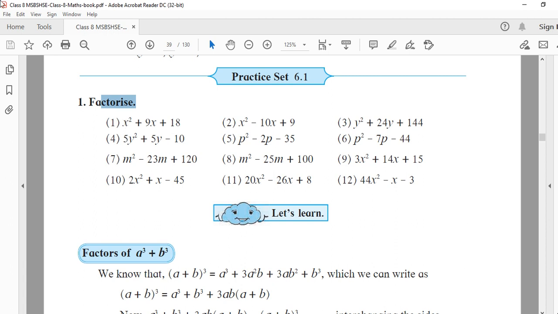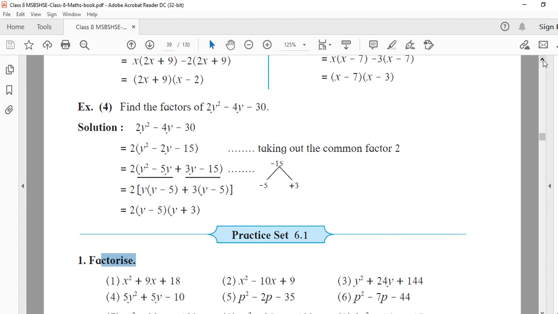So this is x square plus 9x plus 8, but let me also check कि आपको कहाँ तक करना है.